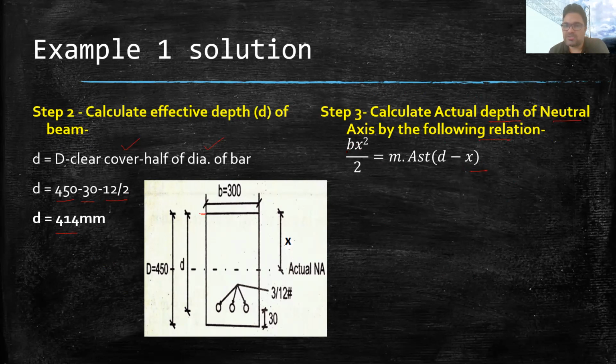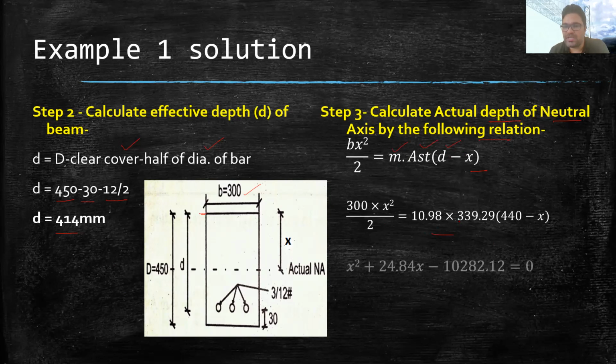B is already given; B is the width of beam, which is 300, and AST we have already calculated in the previous step, m already calculated, and d already calculated. So now after putting all the values, this is how we will solve. And you can see after solving it, this equation will be obtained, which is a quadratic equation.